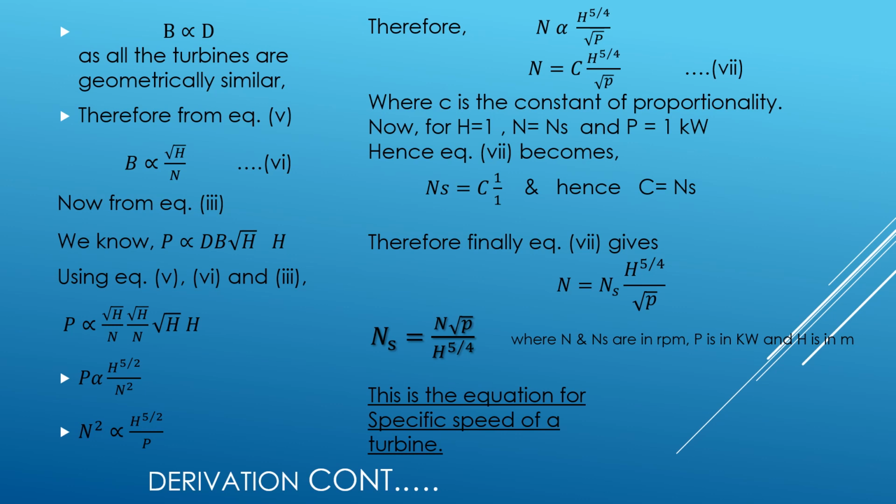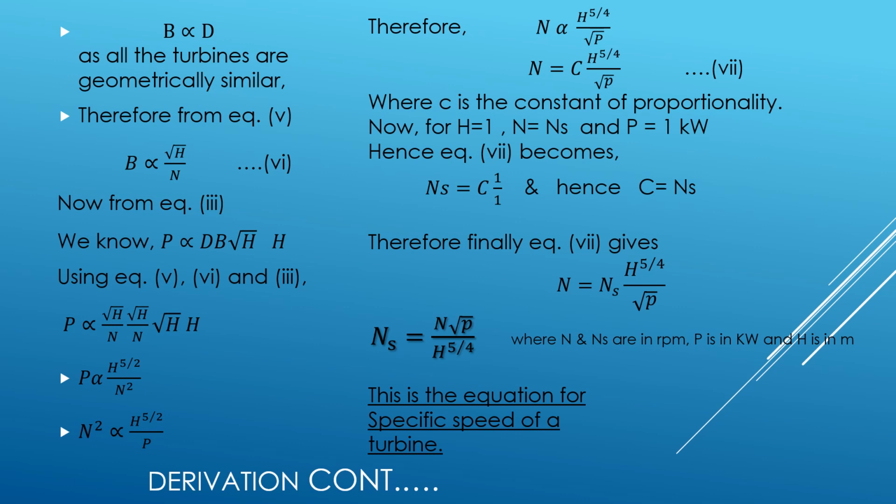Therefore, b is proportional to root H by N. The equation 3 we have just seen is P proportional to dB root H into H. Here I'll replace d and b from equation 5 and 6. So P is proportional to root H by N into root H by N into root H into H. So root H into H becomes H to the power 5 by 2.